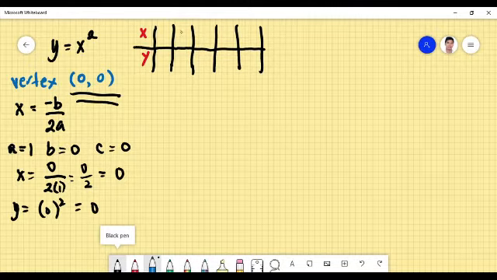Ang vertex natin is 0, 0, so ang x ay 0 and then yung y is 0. Ilalagay natin sa center. Tapos maglalagay tayo ng 2 numbers sa right side ng 0 and 2 numbers sa left side ng 0 from the number line. Ang kasunod ng 0 sa right side is positive 1 and positive 2. Tapos sa left side naman of the number line is negative 1 and negative 2.